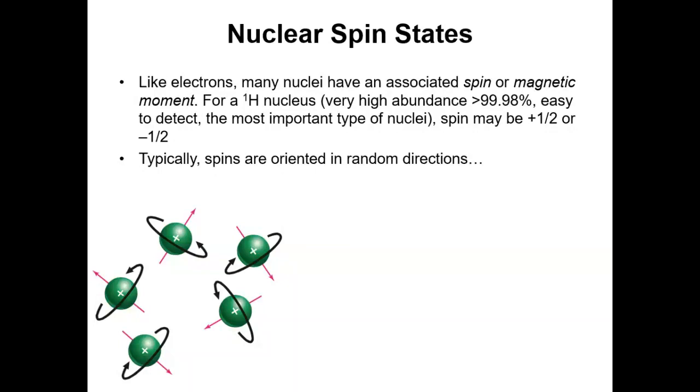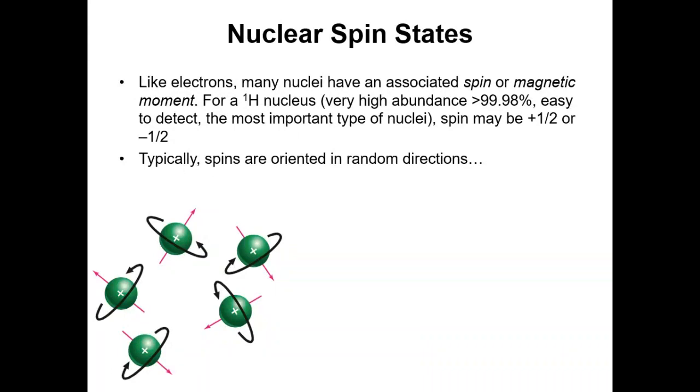Now, a spinning charged sphere is very similar to an electric current going through a circular pathway. So this spinning nucleus will create a magnetic field along the spinning axis. If it spins like this, the magnetic field goes north or south, and the direction is not relevant.